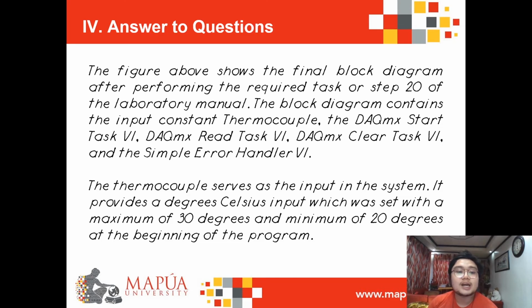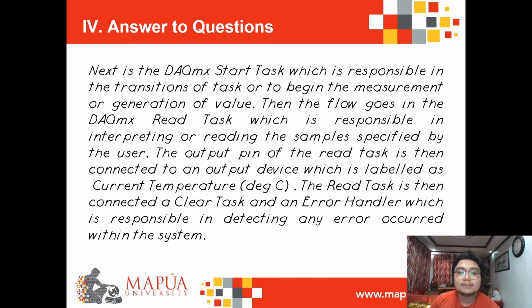The block diagram contains the input constant thermocouple, the DAQmx Start Task VI, DAQmx Read Task VI, Clear Task VI, and the Simple Error Handler VI. The thermocouple serves as the input in the system. It provides a degrees Celsius input which was set with a maximum of 30 degrees and a minimum of 20 degrees at the beginning of the program.